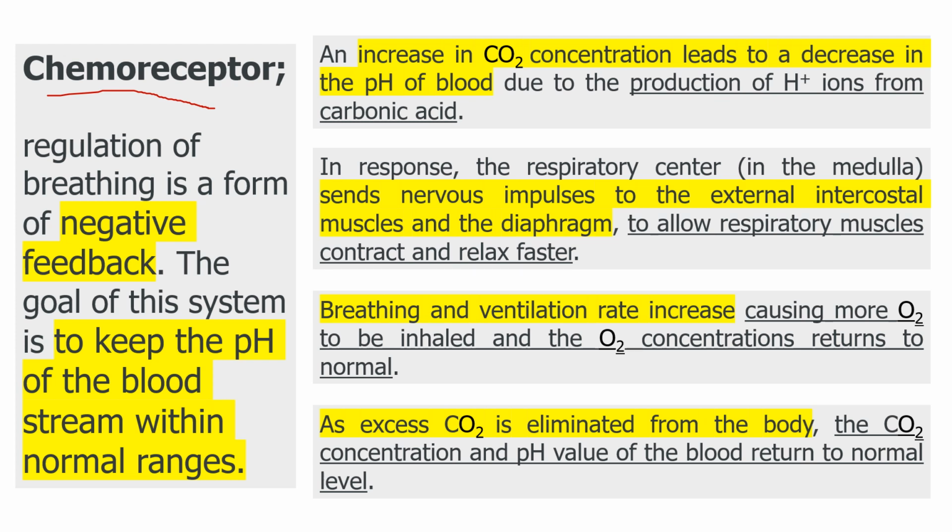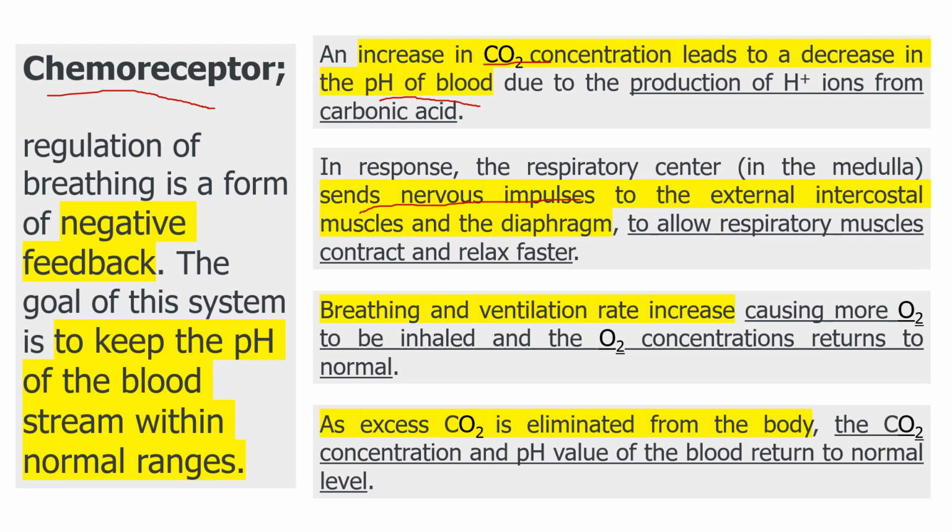Generally, during vigorous activity, the concentration of carbon dioxide increases due to active cellular respiration, resulting in a drop in the pH value of the blood. In response, the respiratory center in the medulla oblongata sends nervous impulses to the external intercostal muscles and diaphragm so that the respiratory muscles contract and relax faster.